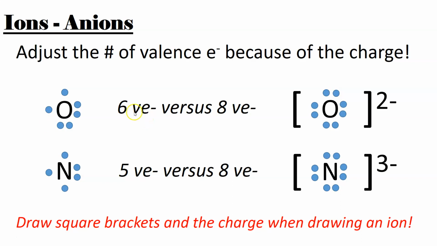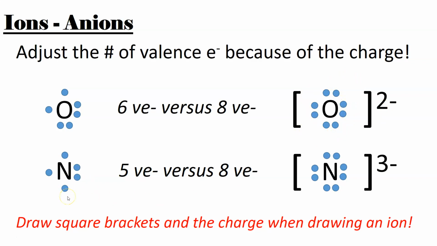So instead of having 6, it's going to have 8. I draw the 8 electrons. I put square brackets, not parentheses. That is important. It needs to be a square bracket. And then you put the superscript with the charge up top. That tells people that this oxygen normally doesn't look like this, that this has been turned into a 2- ion.